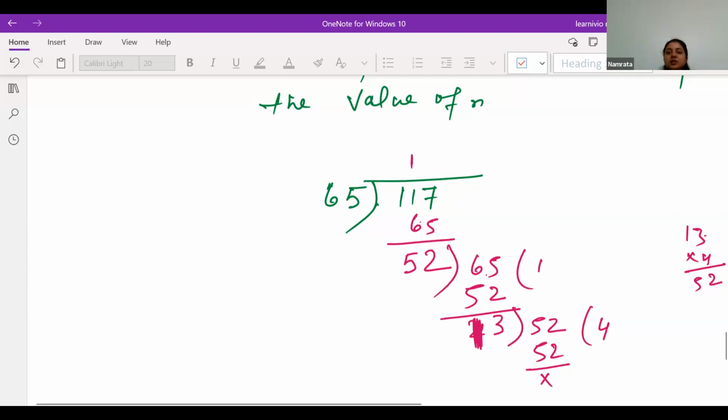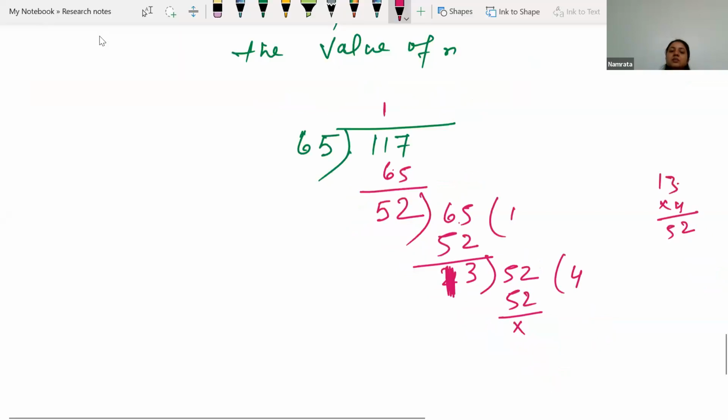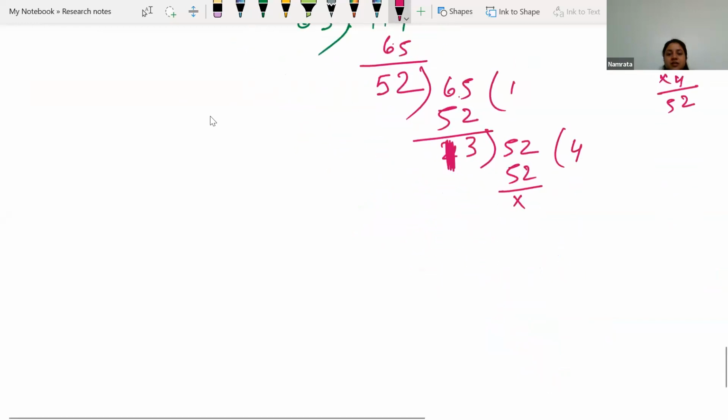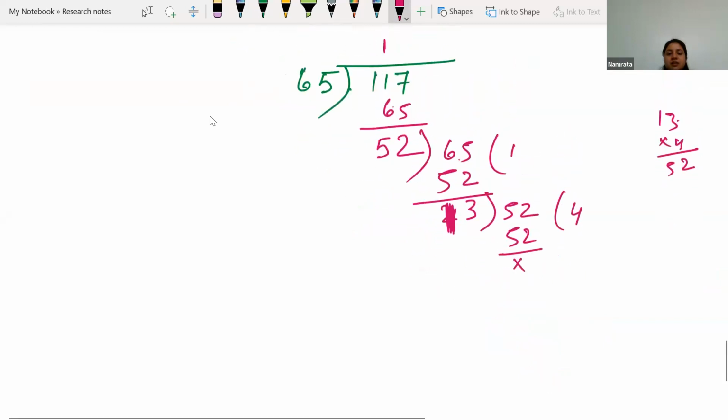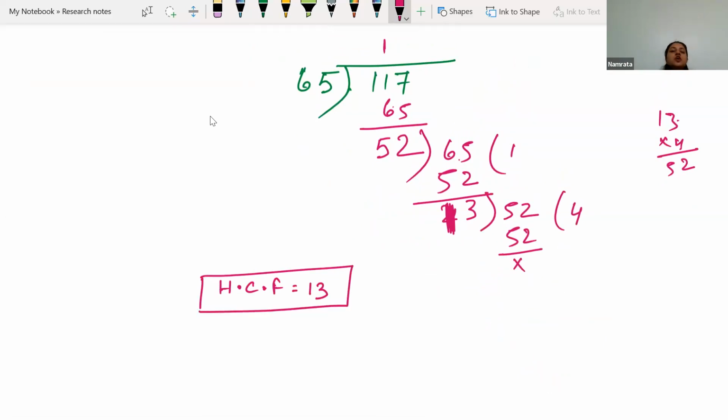So whatever method you use, please check it by that method. What are you getting as the HCF? HCF we are getting as 13, right? Check it by your method.